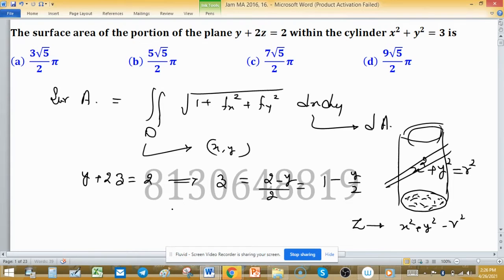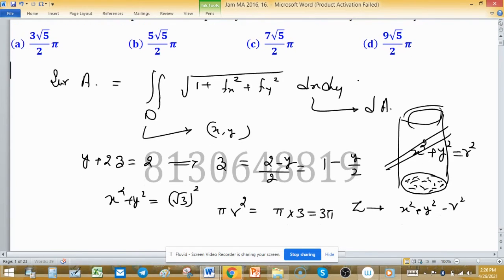So x square plus y square equal to root 3 square. This is the disk, and the area of the disk we can find with the help of pi r square, and r is root 3. So pi into 3, it means 3 pi. This is the area of the disk.